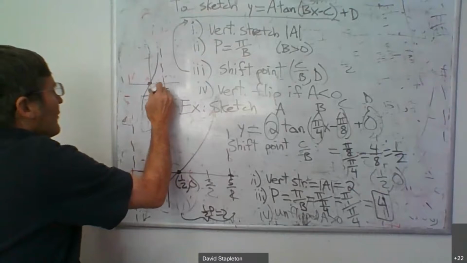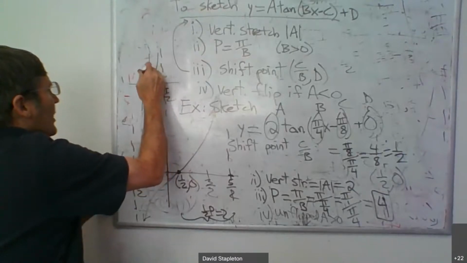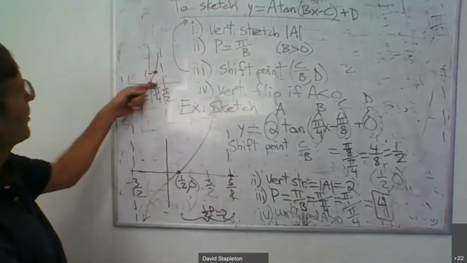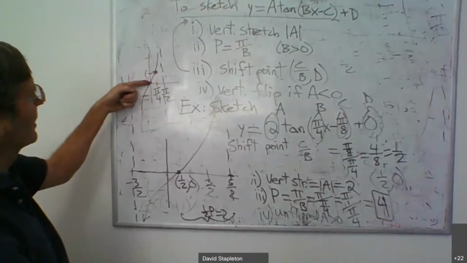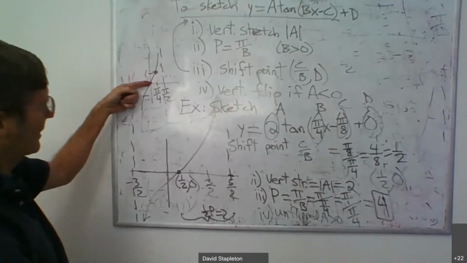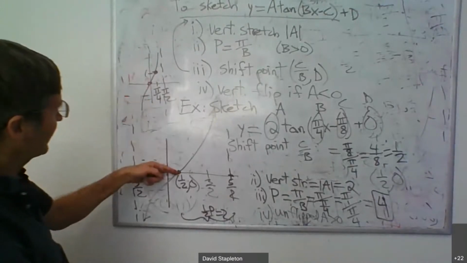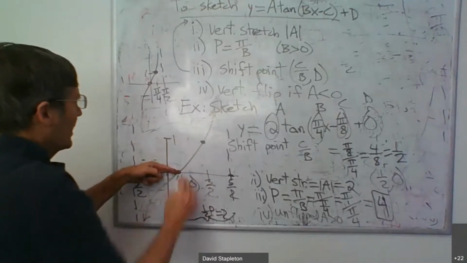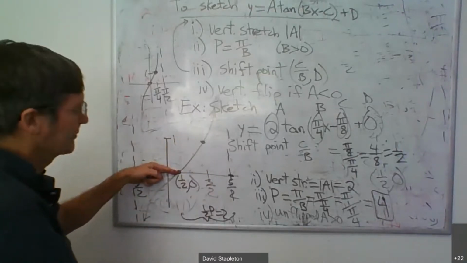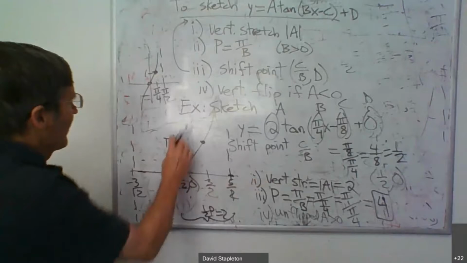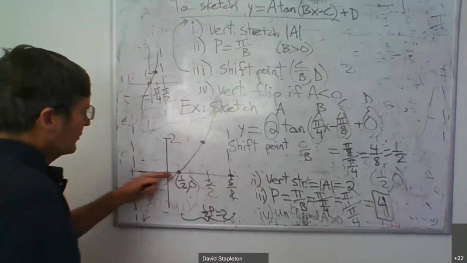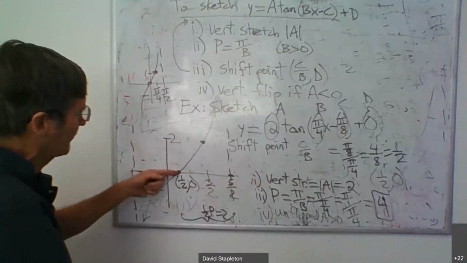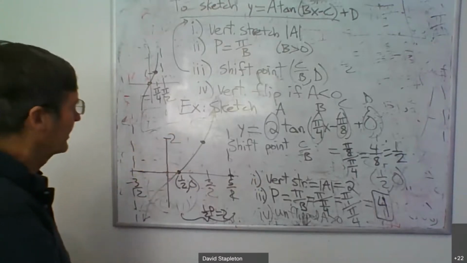Halfway between at pi over 4, you remember the tangent is equal to 1, right? So the point halfway in between is 1 unit above this central point right here, which has been shifted to here. So this should be 1 unit up if it's not stretched. But the stretch factor is 2, so I make this 2 units up. Whatever the stretch factor is, that's how far you move up from this shift point.